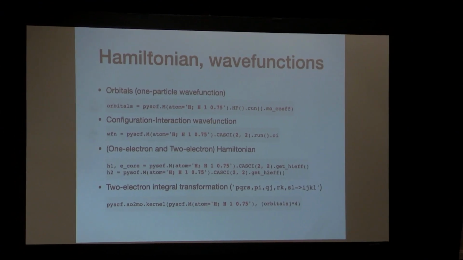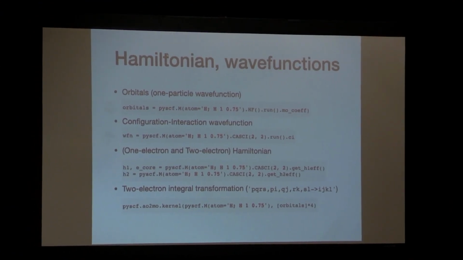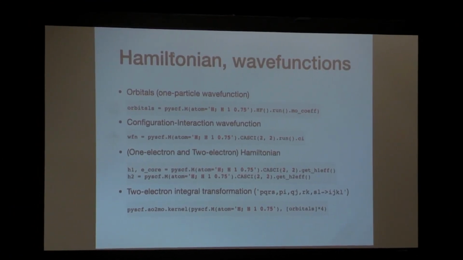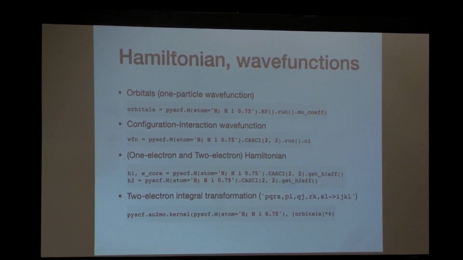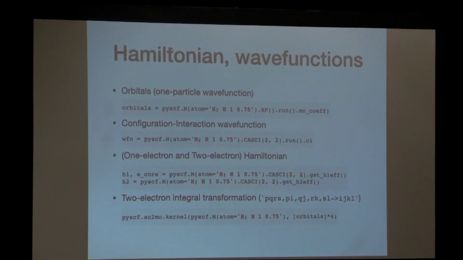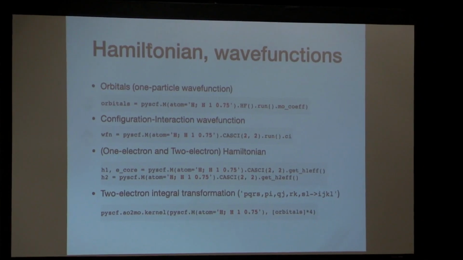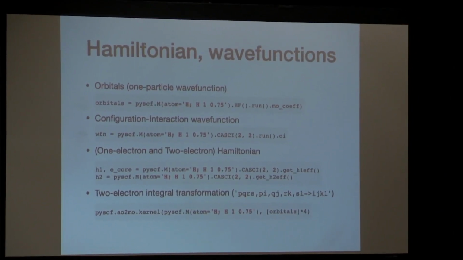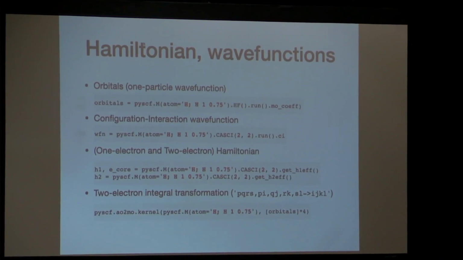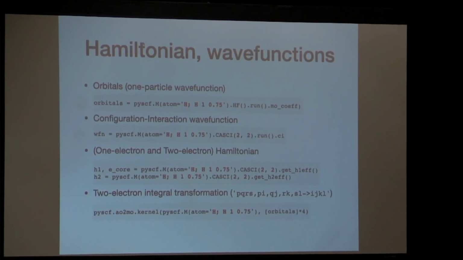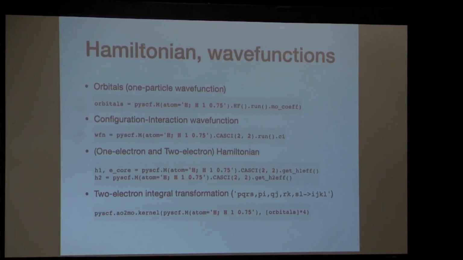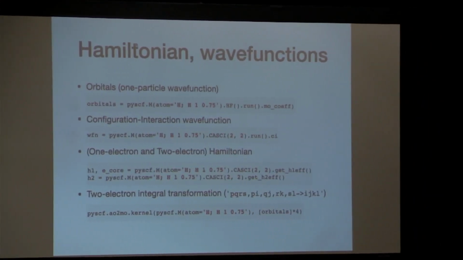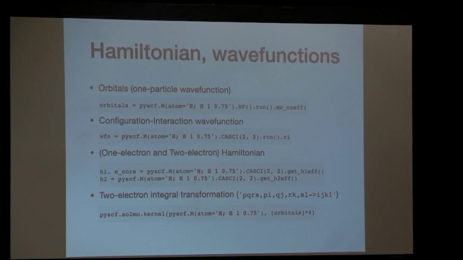The key variable here is the MO coefficients, mo_coeff. It's a NumPy array, and you can manipulate it any way you like. There are no advanced tricks or symmetry enabled here.